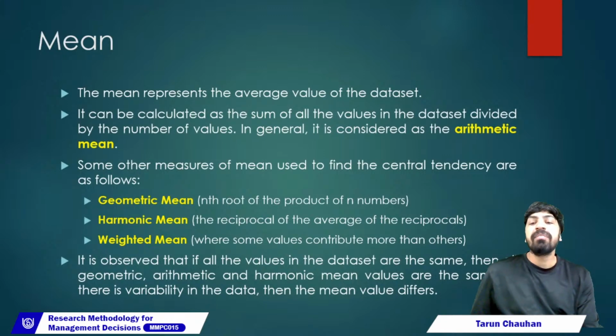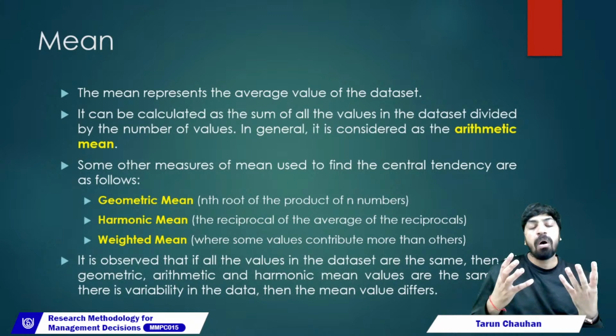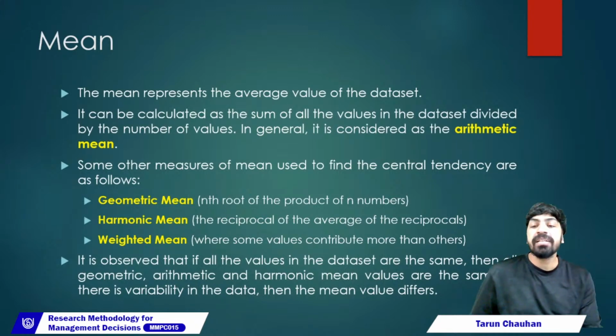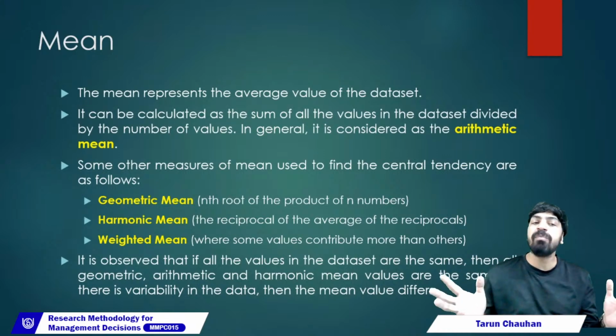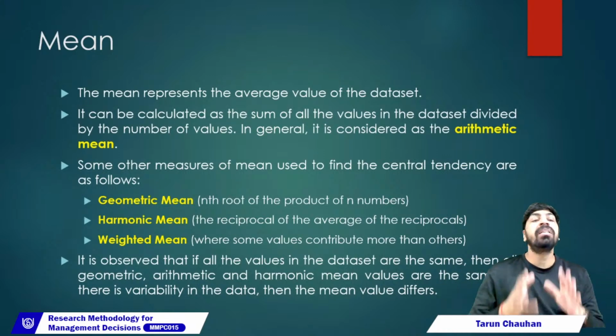It is observed that whether it is geometric, arithmetic, or harmonic, the values in the data set would be the same. Whatever the data set given, whatever the type of mean you are calculating, the exact value of all the means will be the same.